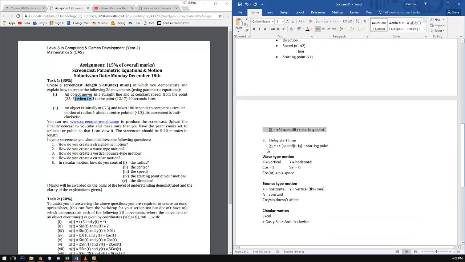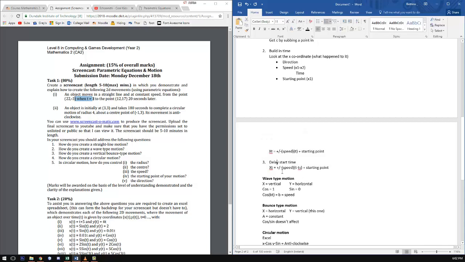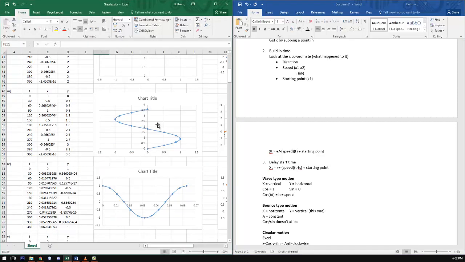And so on. For wave type motion, for an x, if you have a cos or a sine in the x variable of a point, it will have a wave, such as this. Since the sine is in the x, it's going to be going horizontally. And the y is just normal, it's at a constant.